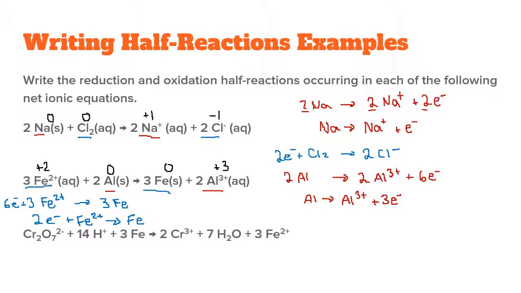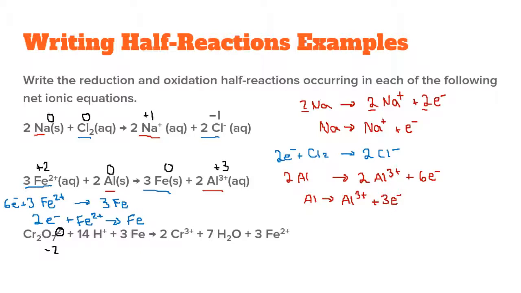Now for the last one, this is where it gets a little bit more complex, but we're going to start off just the same way. Now we know that oxygen always has a -2 oxidation state, which gives us -14 coming from the oxygen. We need a total of -2 because the charge on the ion is 2 negative.